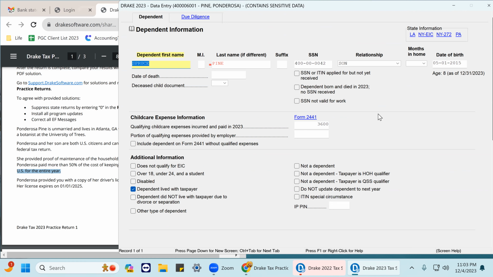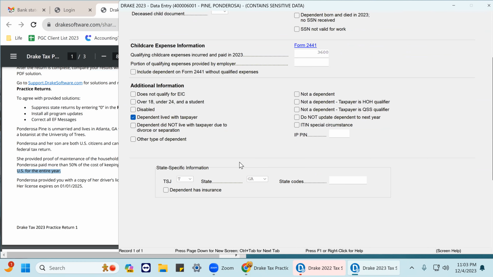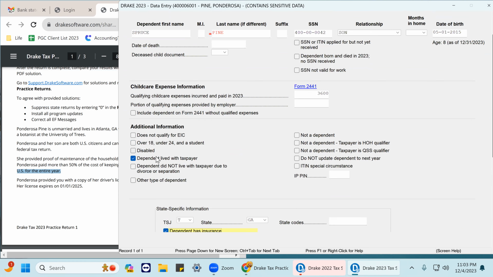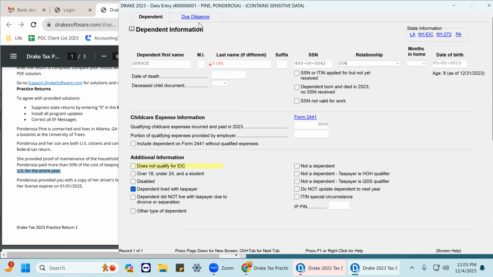In the dependent information area, there's quite a big difference. Now there's a due diligence.